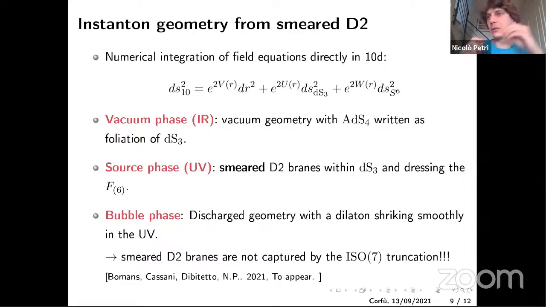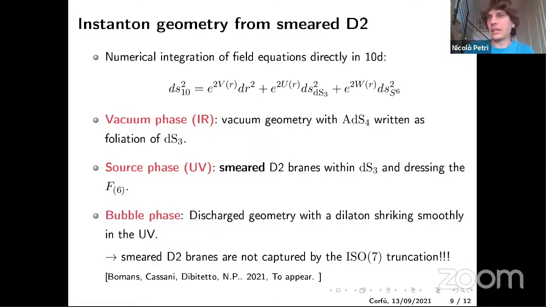The first is the regime that we use to start the integration. That is the IR, let's say, and it consists exactly of our AdS4 vacuum. Then at the end, in the UV, what we saw is a divergence, in particular a divergence dressed by a D2 source.